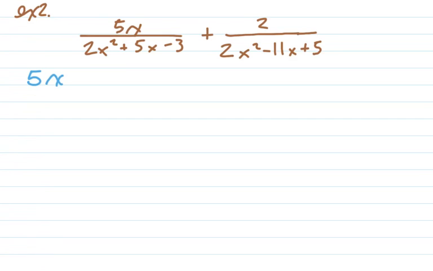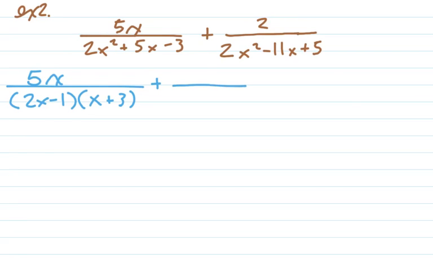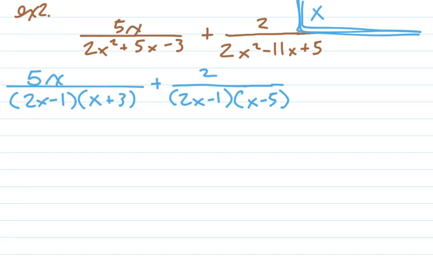So I have 5x over 2x minus 1 times x plus 3 plus 2 over 2x minus 1 times x minus 5. Now I'm going to list my domain restrictions up here really quick. I don't want to forget about them. x cannot equal 1/2, negative 3, or 5.